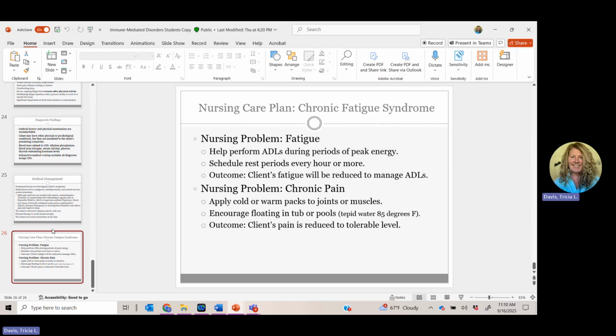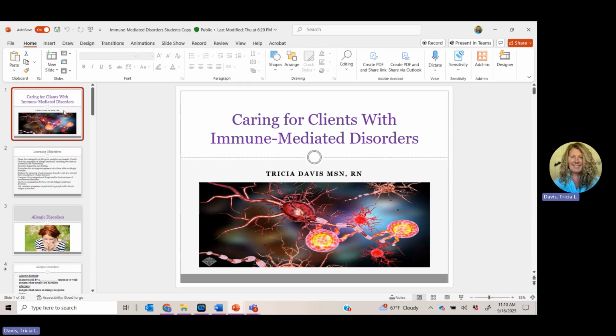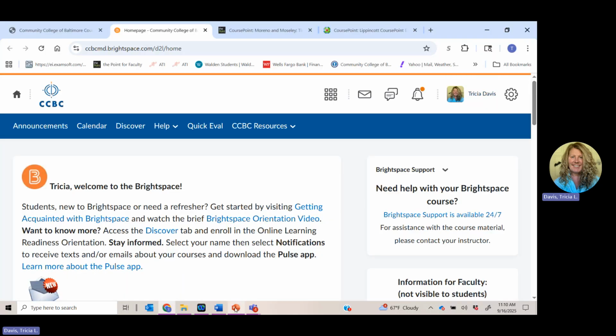So we kind of want a tepid water, about 85 degrees. And then, of course, that outcome would be that the patient's pain is going to be reduced to a tolerable level. All right. So that is caring for clients with immune-mediated disorders.